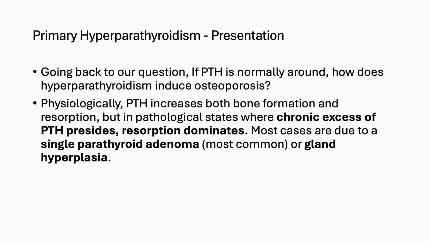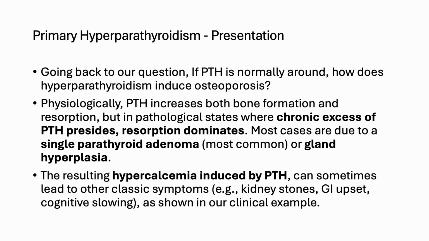And most of these cases are due to some sort of hyperfunctioning, autonomously secreting gland. And the resultant hypercalcemia induced by PTH can then lead to other classic symptoms as well, such as kidney stones, GI upset, cognitive slowing. And these are your typical stones, moans, bones, groans, psychiatric overtones. That would be the classical mnemonic to remember for this case.